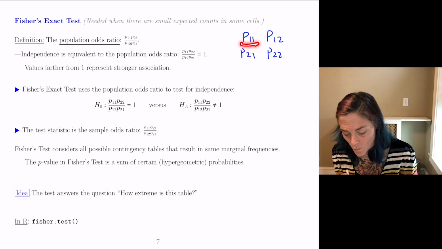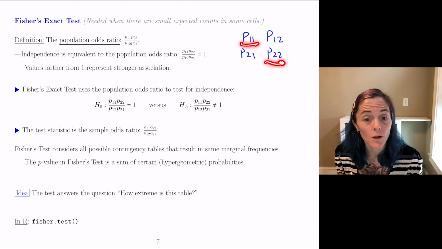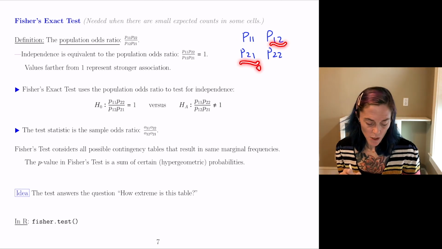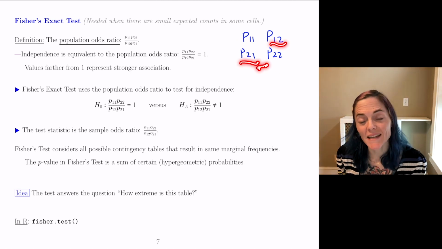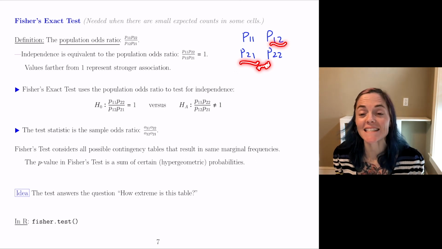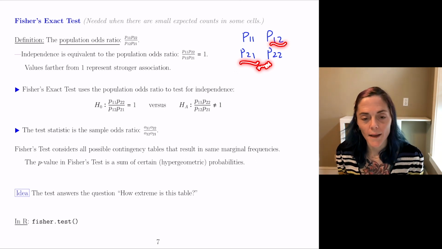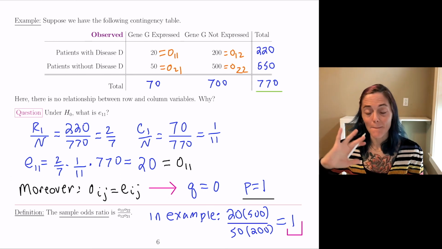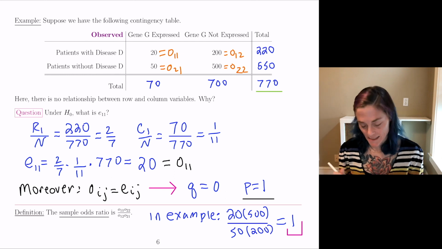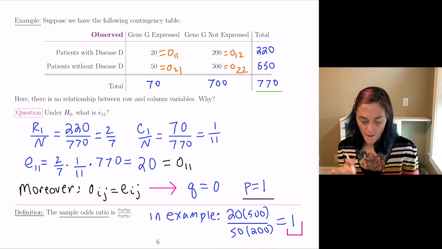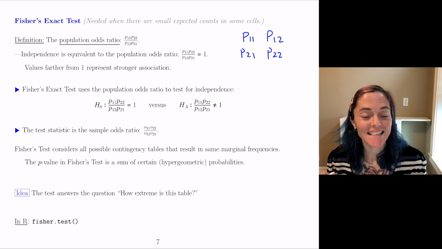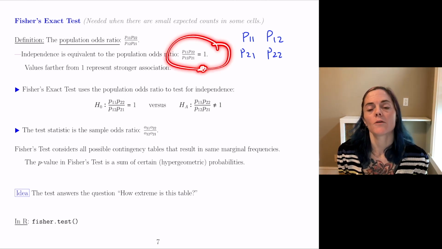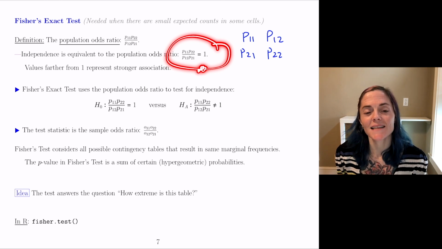We would take P11 times P22 divided by P12 times P21. Independence is equivalent to the population odds ratio equaling 1. We saw that for the sample odds ratio in this most perfect independence case, the sample odds ratio was 1. That really motivated the definition and this equivalence. Values farther from 1 represent a stronger association.